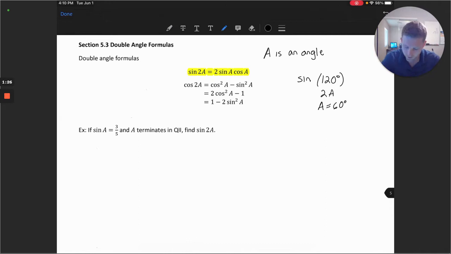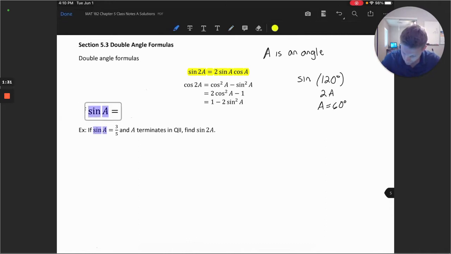So we are given two items here. We have the sine of a is equal to 3/5, and we're given that the angle A terminates in quadrant 2. We'd like to go out and find the double angle sine 2a. So let's consider first drawing a picture.